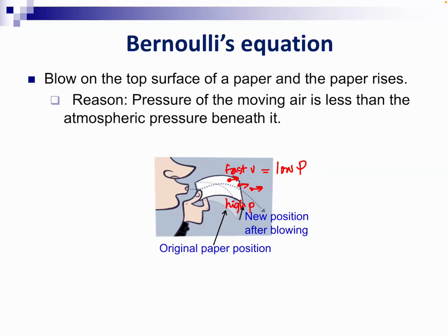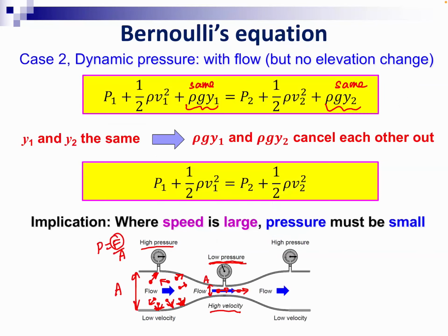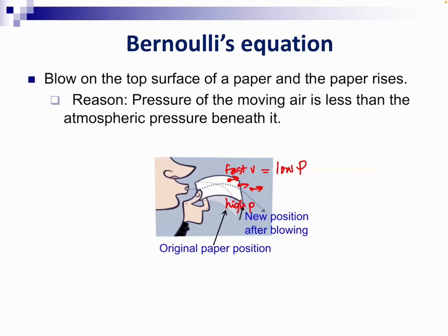Lower pressure where the air molecules are moving faster, and high pressure in the surrounding area. So high pressure pushing on the low pressure confines the ball where you have high air speed. That's why this form of Bernoulli's equation is really quite cool, and the implications of it.